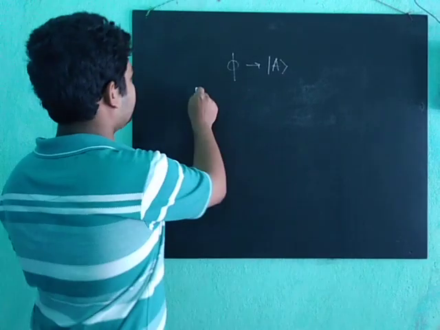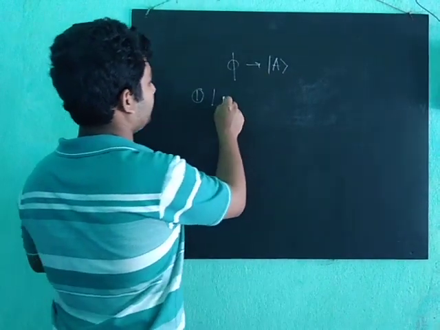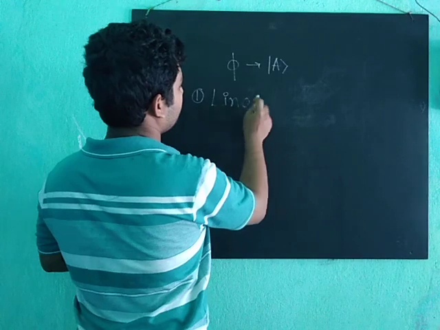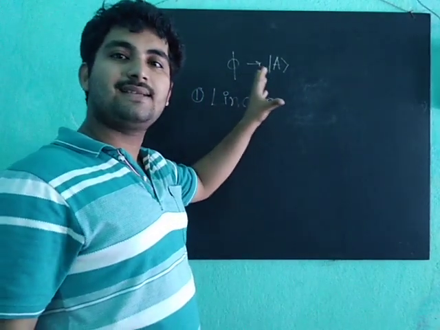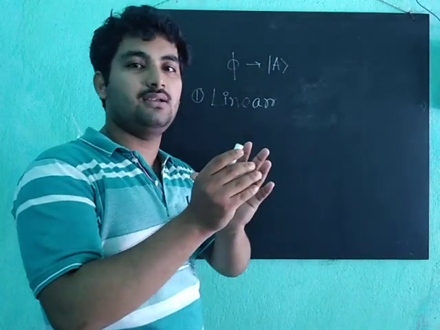One is that phi is linear. Now what does it mean?